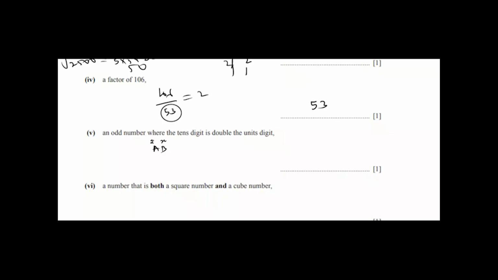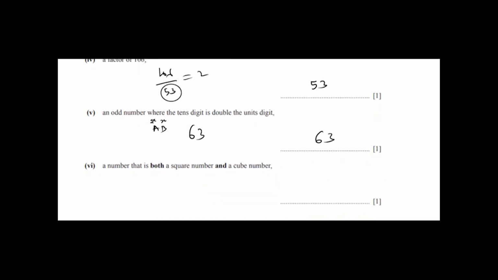A number that satisfies this condition is 63. 63 is an odd number, and the tens is 6, and the unit is 3. So you can see that the tens is twice the unit. So I'll pick 63 as it falls within the given range.